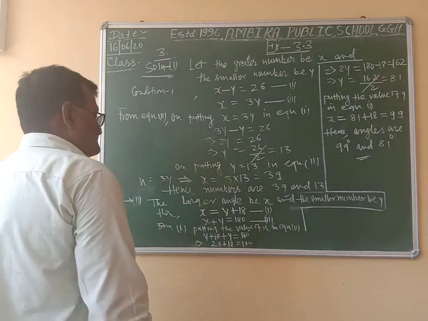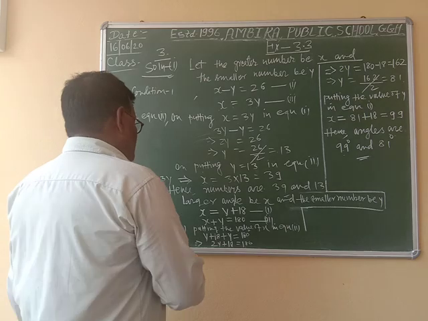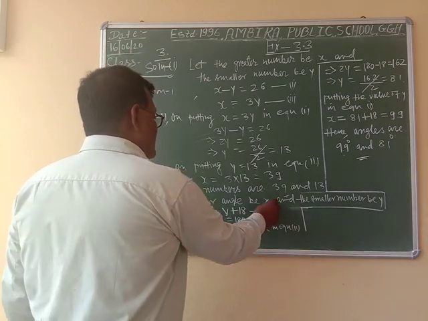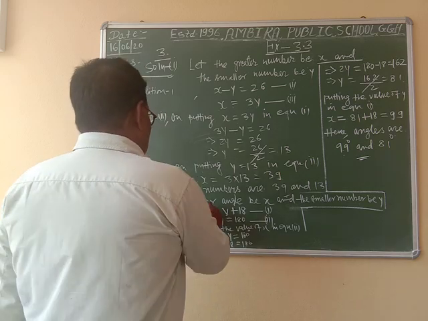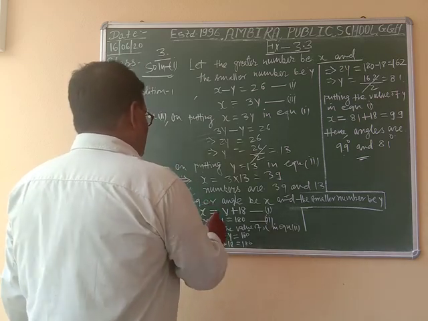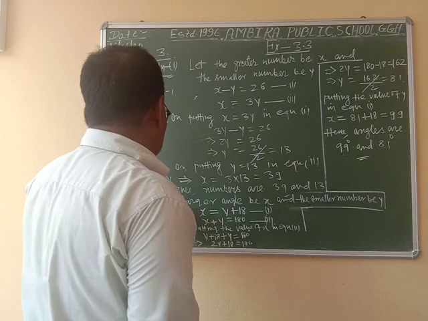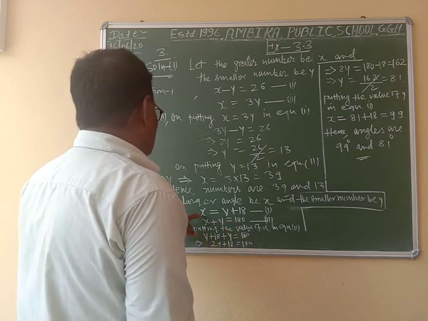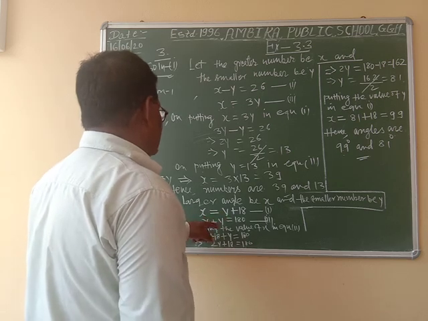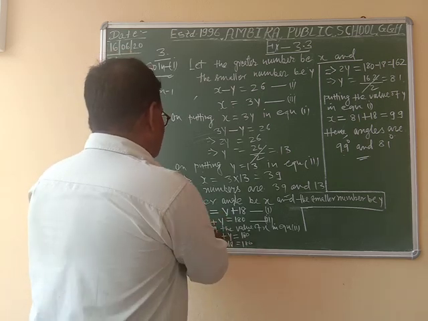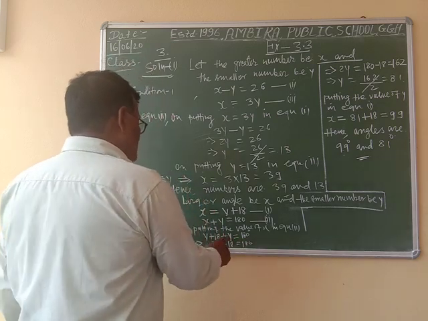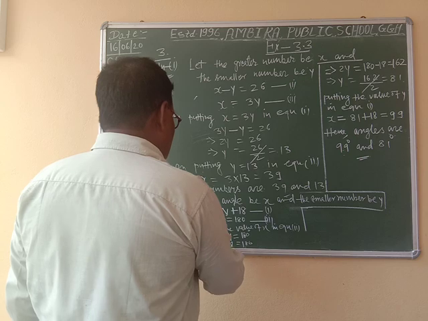For solving by substitution method, from equation number 1, we put the value of x in equation number 2. We have y plus 18 plus y is equal to 180, or 2y plus 18 equal to 180.